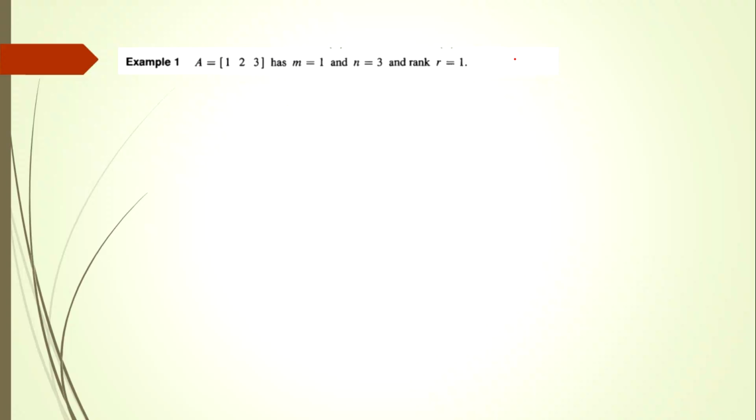And especially each column vector has only 1 component. So the column vectors are vectors from R, which means they are real numbers. They are from R1, right? The dimension is 1. And in another way, how can we understand the rank equals 1? The rank R should be less than or equal to M and less than or equal to N. R is the rank, which denotes the true size of the matrix.